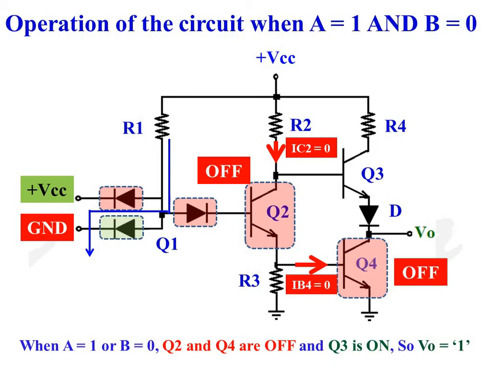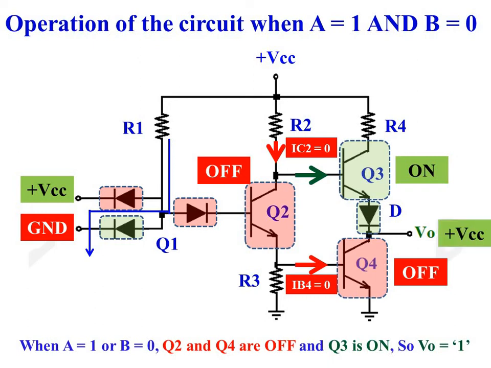As the collector voltage of transistor Q2 is equal to plus VCC, current flows towards the base of transistor Q3, turning on transistor Q3 and diode D. So as transistor Q3 is turned on, transistor Q3 conducts current through diode D. So current flows from plus VCC through resistor R4, transistor Q3 and diode D. So output voltage V0 is equal to plus VCC.